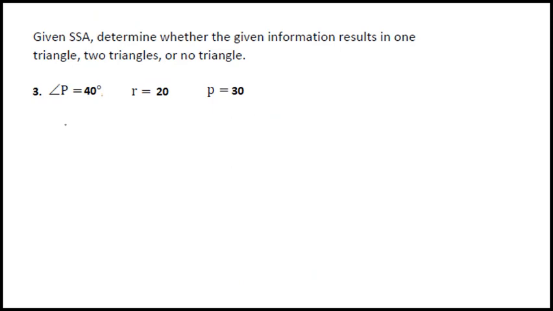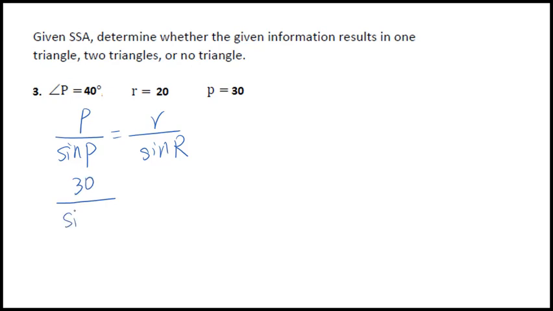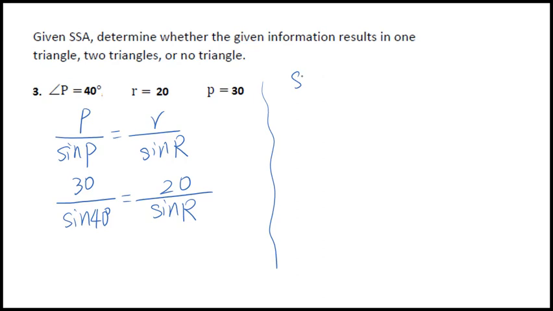Let's go to number 3. This time p is 30, angle P is 40 degrees, and r is 20, then sine R. So for sine R, cross multiply, you will get denominator 30.